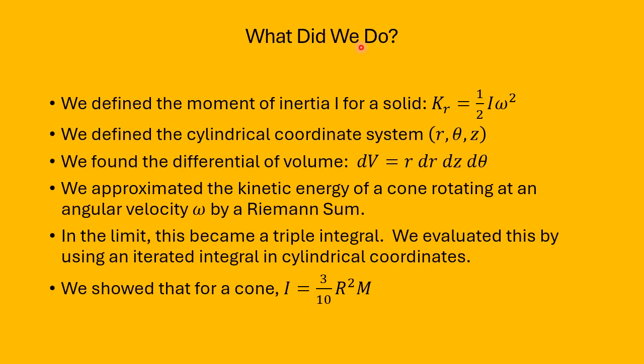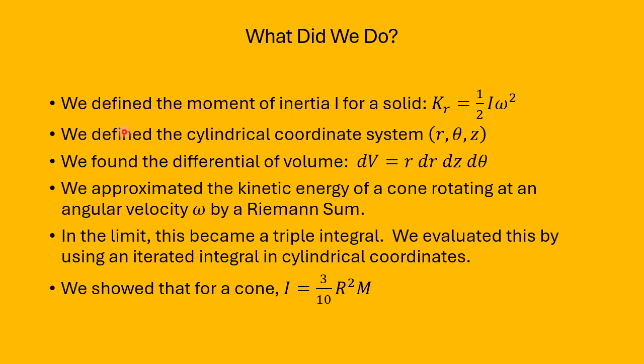So what did we do? First, we defined the moment of inertia I for a solid. The kinetic energy of rotation about an axis is 1/2 I omega squared. The moment of inertia I depends on the geometry of the solid you're looking at and what axis you are rotating about.